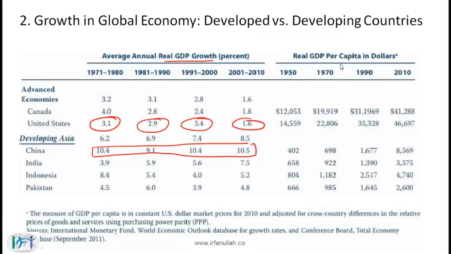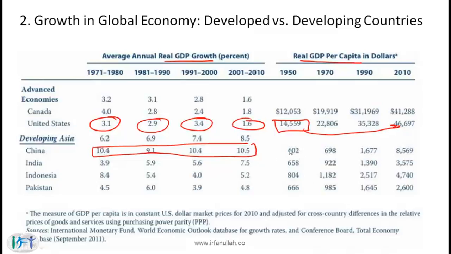When we look at the real GDP per capita, which is a better measure of the wealth of a nation, we will notice that US numbers have increased approximately threefold, from about 15,000 on a per capita basis to about 47,000. But look at what's happened in developing Asia.